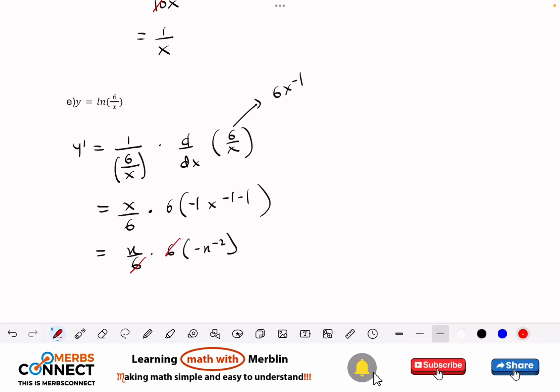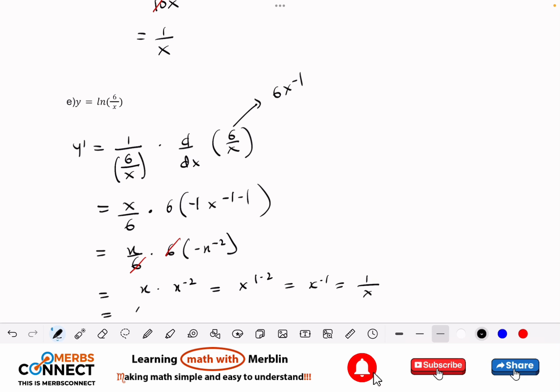Now 6 cancels 6, so we are left with x times x to the power minus 2. We can apply indices: this is x to the power 1 minus 2 because the bases are the same, so we add the exponents. This gives x to the power minus 1, which is the same as 1 over x.